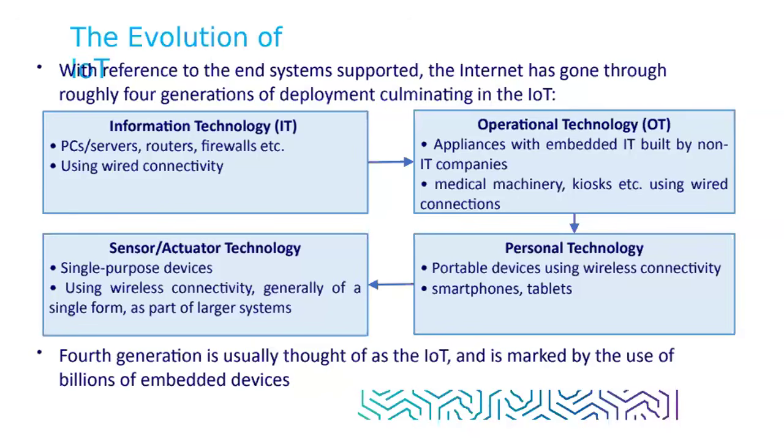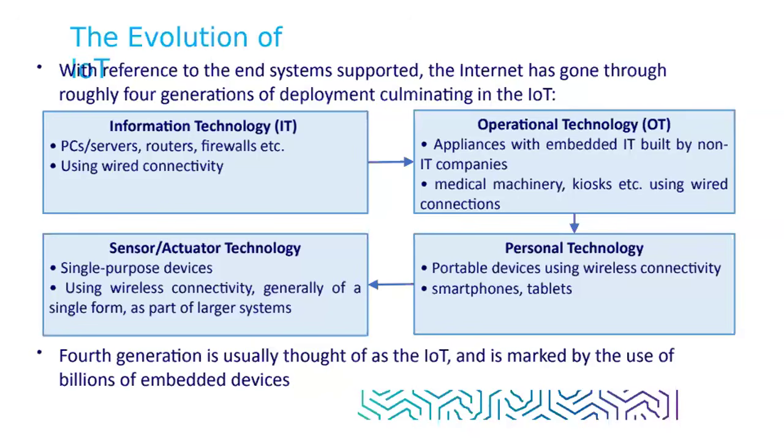The first generation, information technology, mainly focused on traditional computing devices like PC, server, router, firewall, and these are connected to wired networks. The second generation, operational technology, introduced embedded computing devices like medical machinery and kiosks. These are using wired connections.